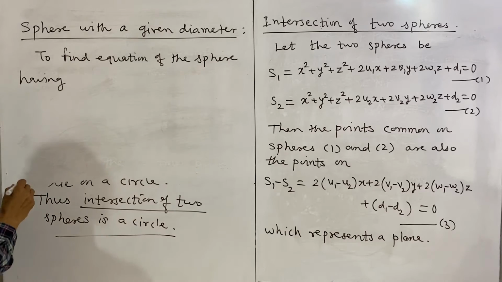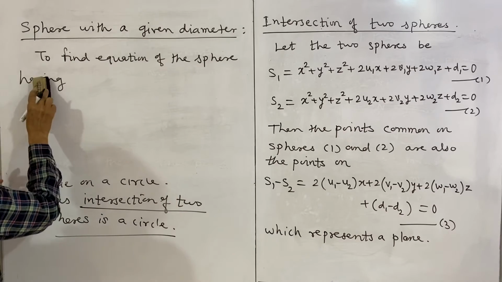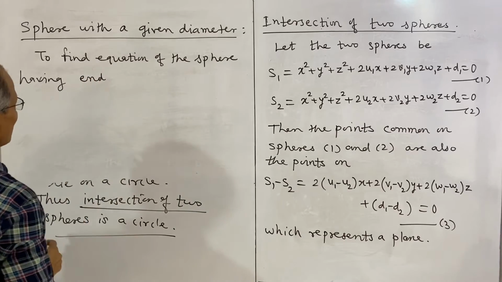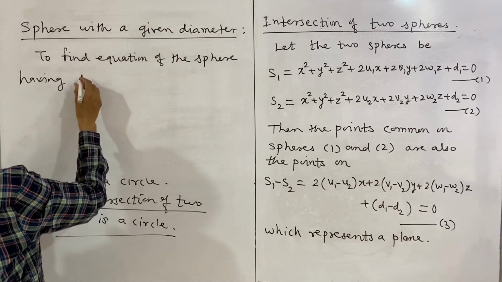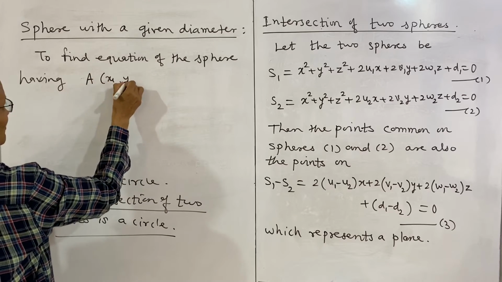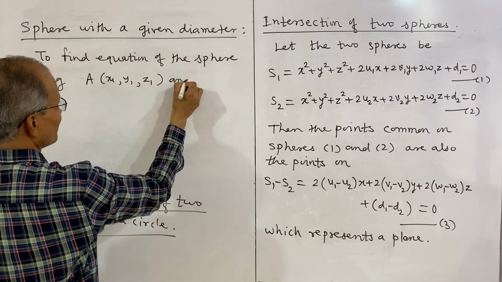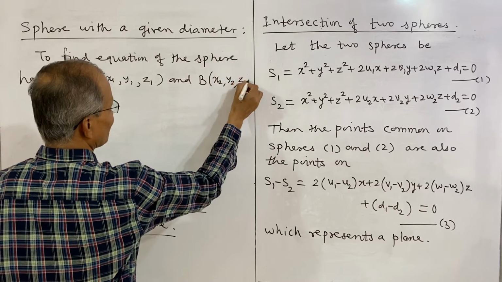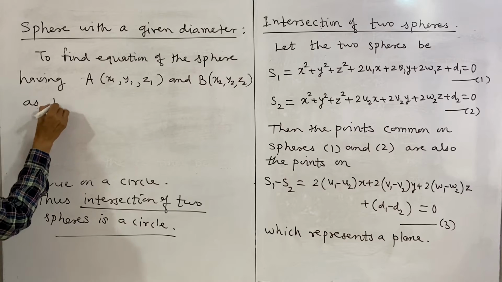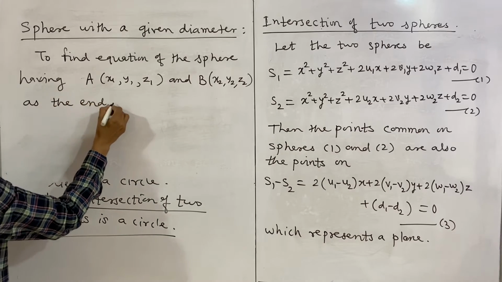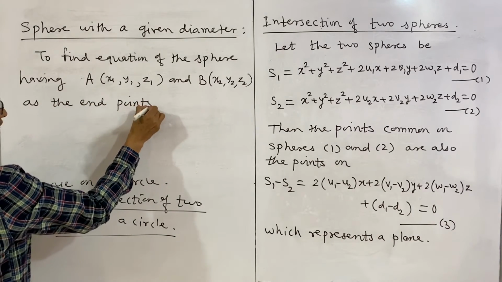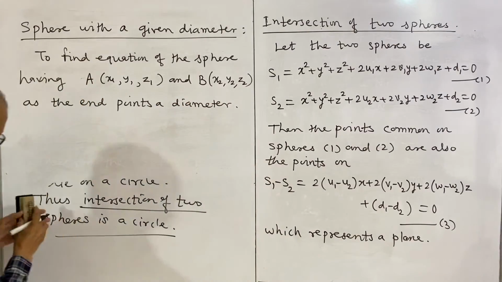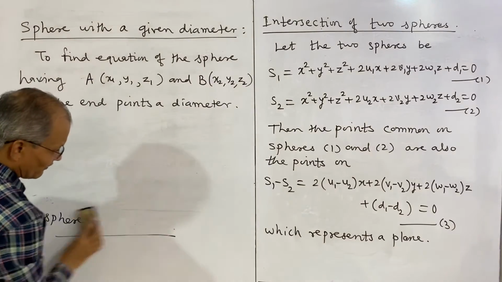Diameter is given means its end points are given, having end points of diameter, or having the 2 points we should write A (x1, y1, z1) and B (x2, y2, z2) as the end points or extremities of a diameter. So this we want to find, the equation of the sphere.